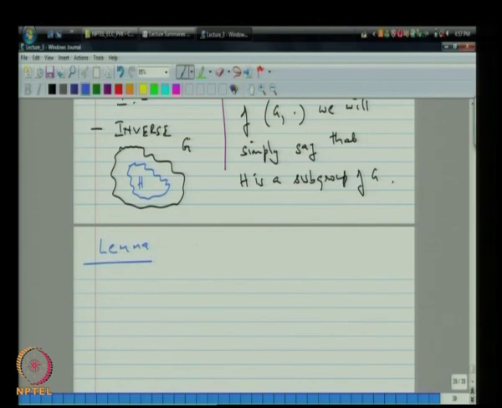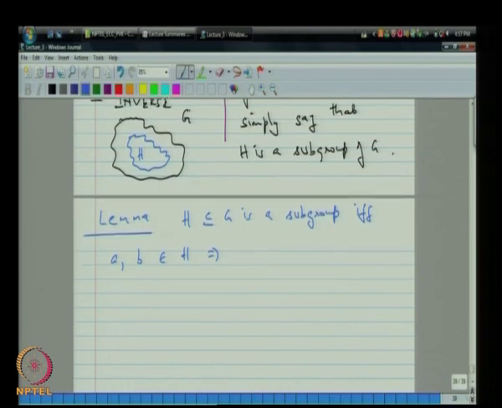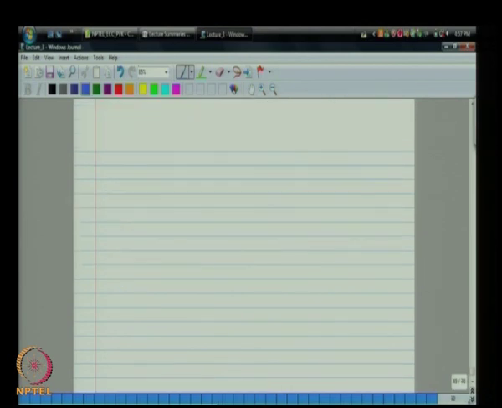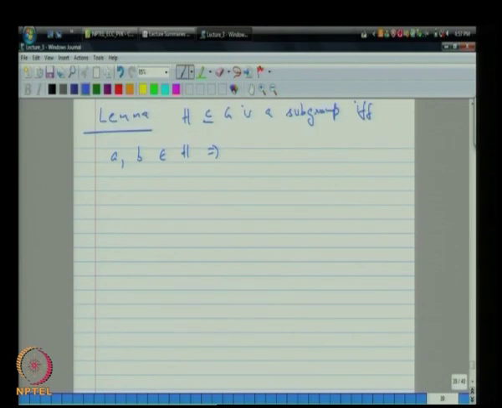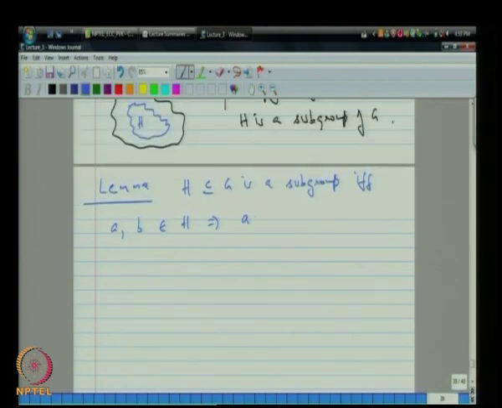Which says that H subset of G is a subgroup if and only if A, B in H implies that A times B inverse belongs to H. So, it is a simple test.